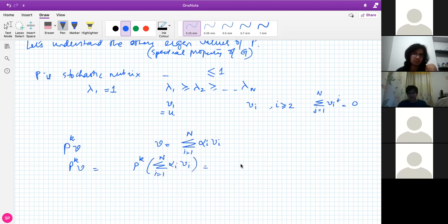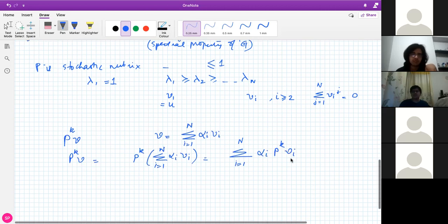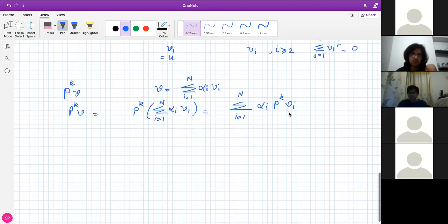This is simple. And by linearity, we will have this alpha i, P^k, Vi, right? Now, because these are eigenvectors of P, I can make this as alpha i, lambda i^k, Vi. So this is also clear.